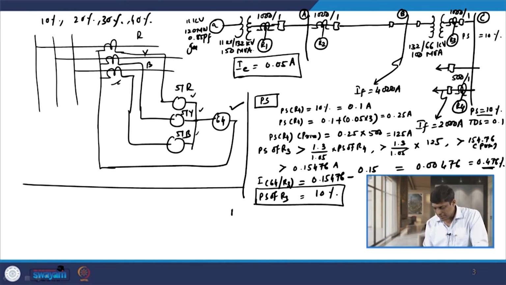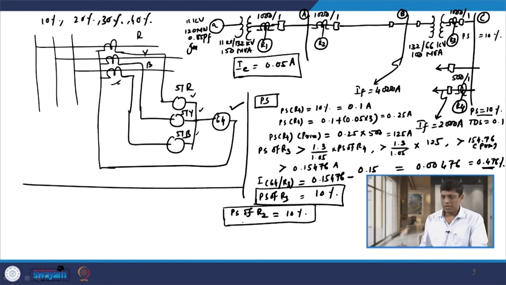So, in this case I can consider the plug setting of relay R2, that is 10%, same as R3. We can even set a lower value if a lower range is available. So, we have already decided the plug setting of R2, that is 10%.